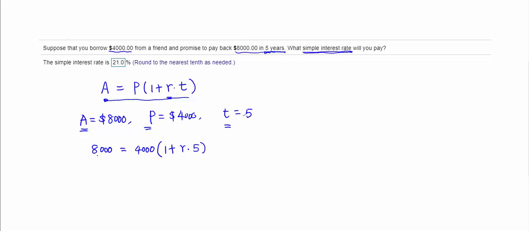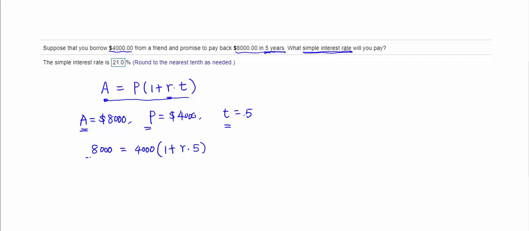To solve this equation for R, there are different ways, okay? One way is you can divide 4,000 from both sides, okay? That's because, if you look at your right-hand side, it's a multiplication, right? So to get rid of the 4,000, you can divide 4,000 from both sides.